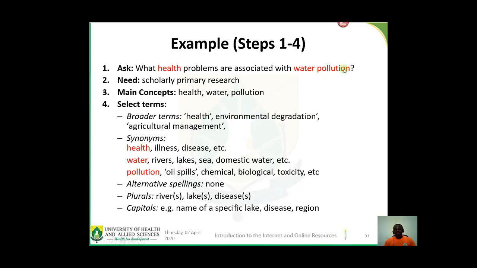You mention water pollution, it may come under environmental degradation or agricultural management and all of that, because water is available here. Then if you want synonyms, you pick your main words and see what alternative words could have been used by anyone who was actually writing on this. So health, for example, could go with illness, disease, etc.